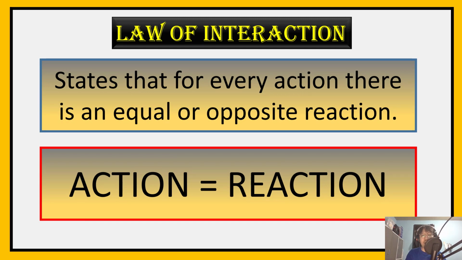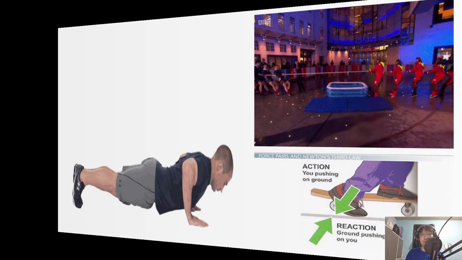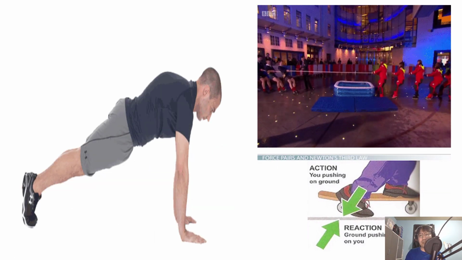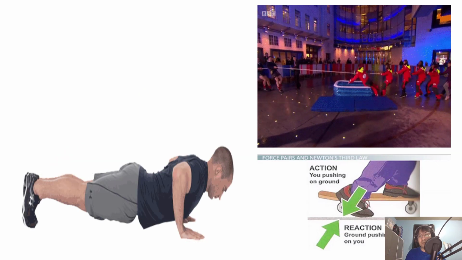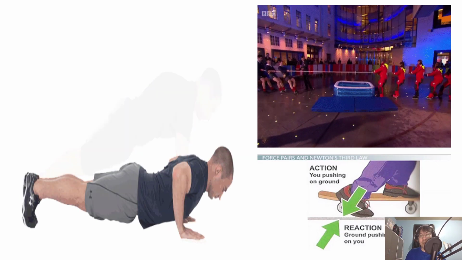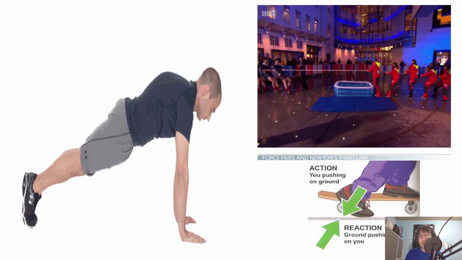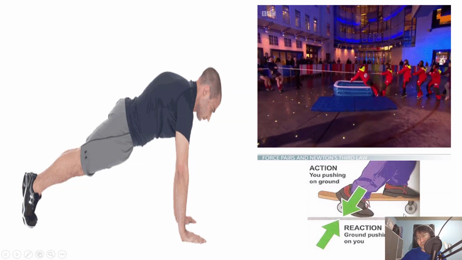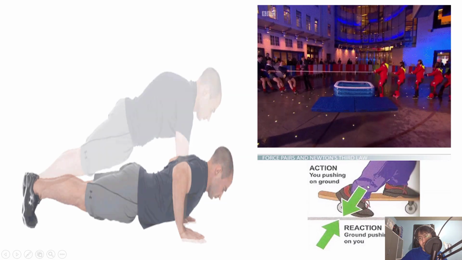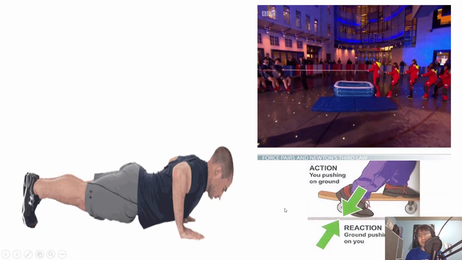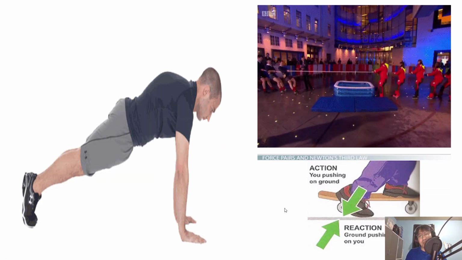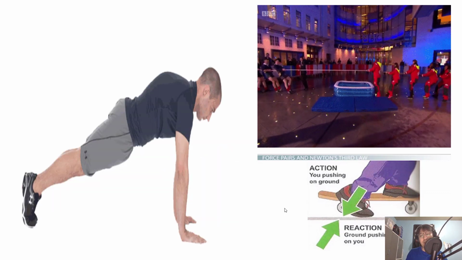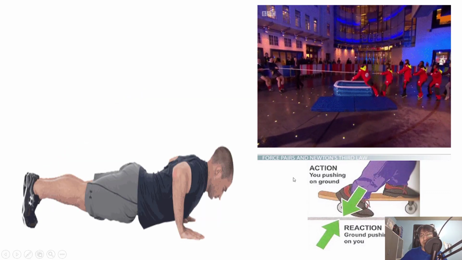Okay, the law of interaction states that for every action there is an equal and opposite reaction. Action is equal to reaction. So we have examples here: a man pushes up his body, people playing tug of war, and the third one would be a man playing his skateboard or scooter, wherein he is applying force on the ground for him to move.